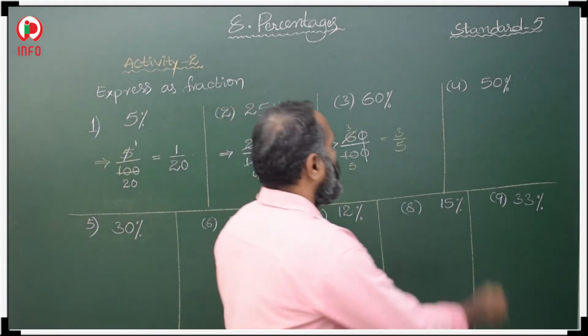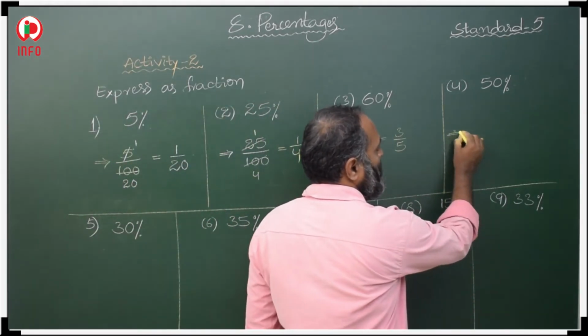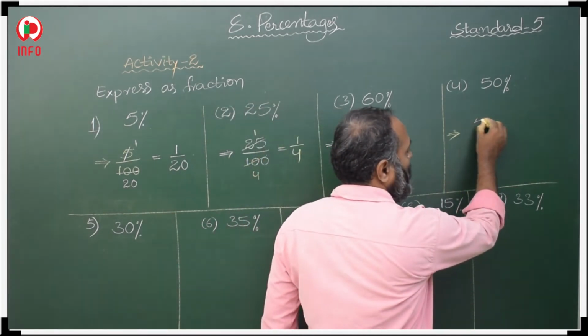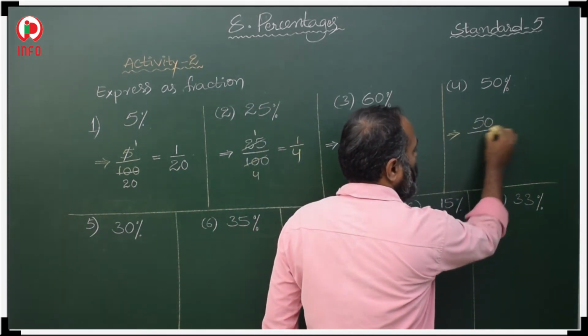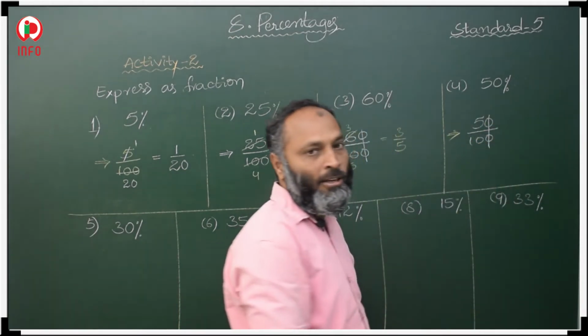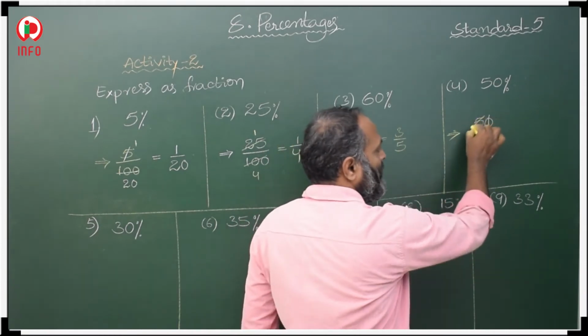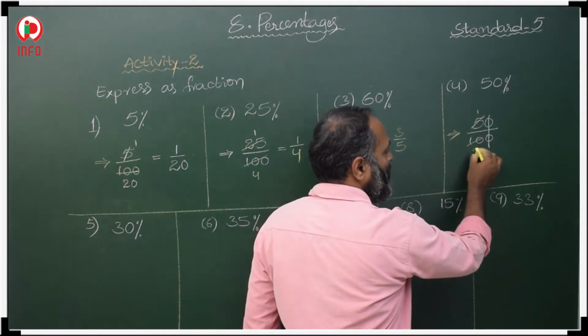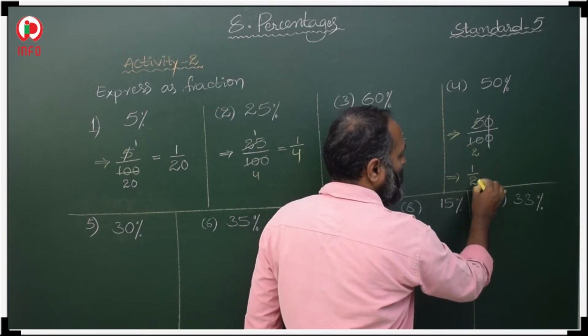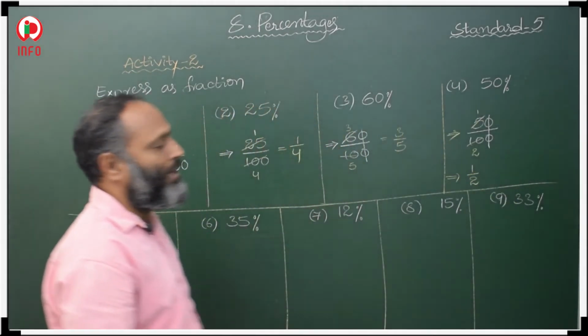Next, 50%. We already know 50% means half. How is it half? 50% divided by total percent, the zeros cancel. 5 ones are 5, 5 twos are 10. Then it is 1 by 2. 50% means half, and half means 1 by 2.